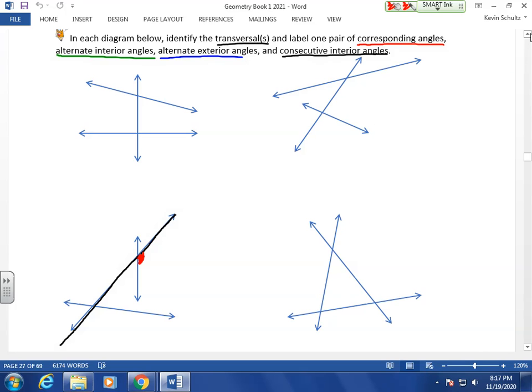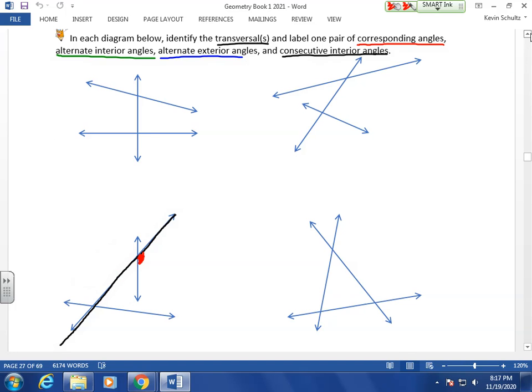So it's kind of difficult here because if you're thinking about what's interior and what's exterior, the interior, and this might help you here, would be like this space in here and this space here. It's not really between the lines per se, but it is also in between the lines in the sense that it's the intersection of where this transversal intersects each of them.